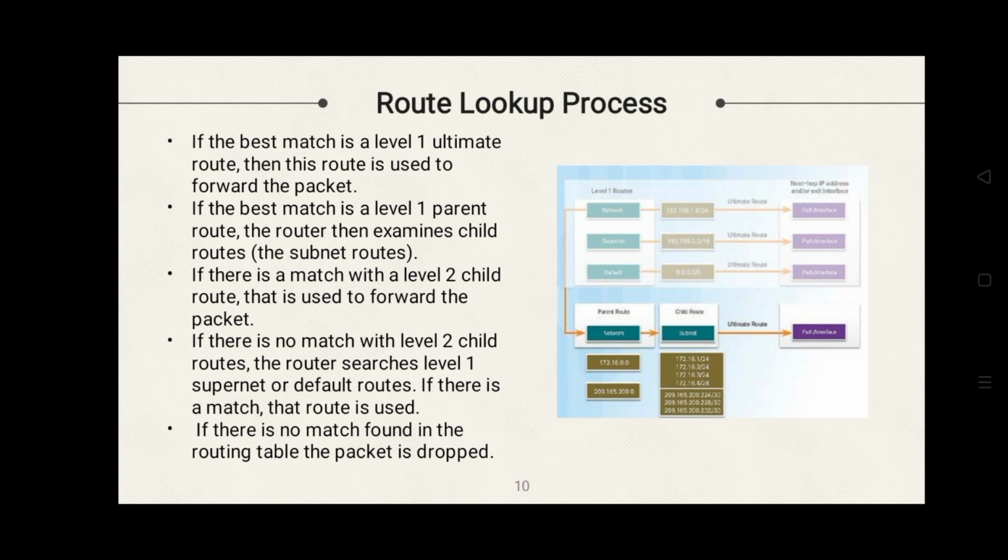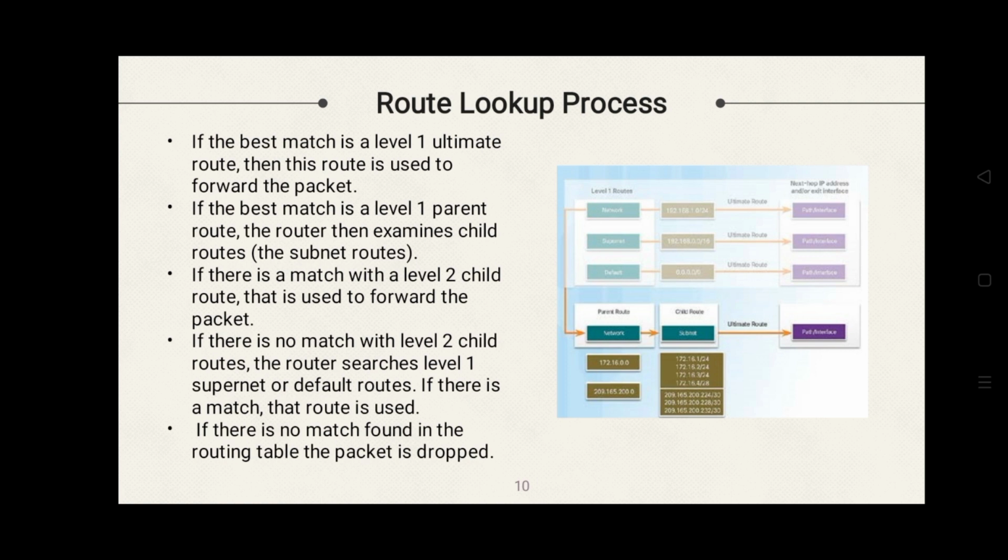If I don't, then it will try to find a parent route, because it will look at whether this IP is subnetted anyhow, and if it is, then it will go to the child routes and try to find the best match with my subnetted routes.